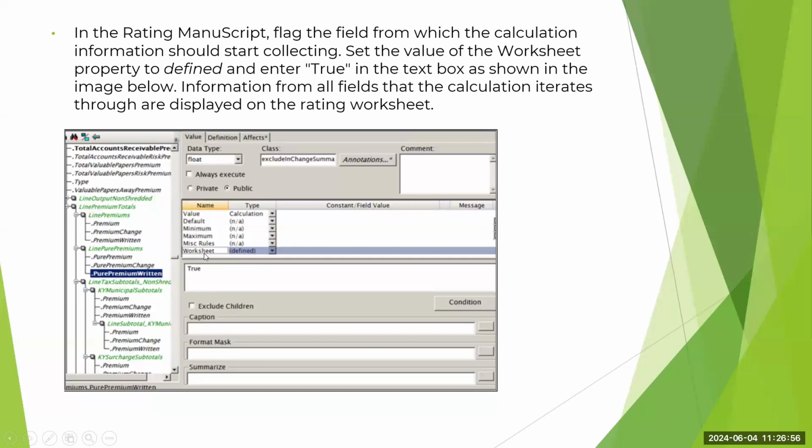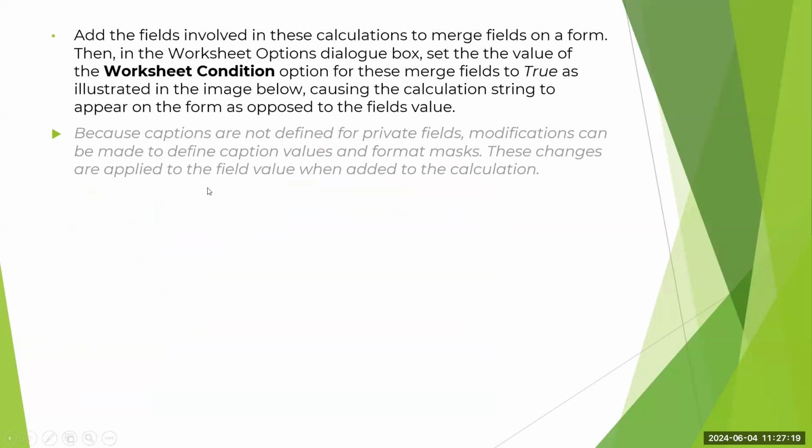If you define the worksheet to true, the calculation will automatically be printed and calculated there as well. You need not do it manually in the form template. Because you are setting the value to true here, it will automatically get updated there when you change the values on the coverage screen.